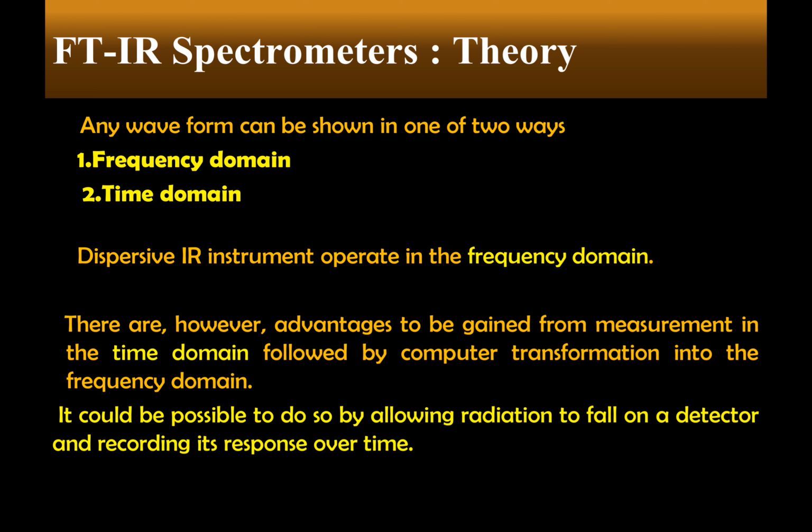It is possible to do so by allowing radiation to fall on a detector and recording its response over time. So time is used as a variable instead of frequency, and then from analog to digital the computer transforms it for an easily understandable IR spectrum, which is again represented in the form of wave numbers.